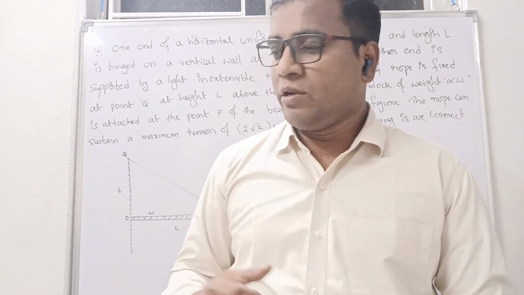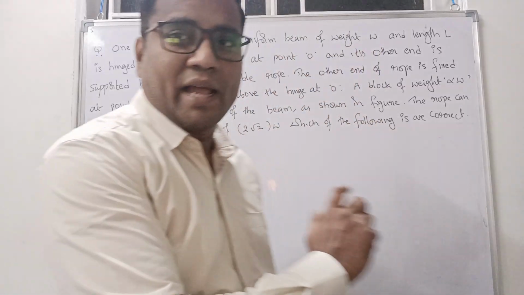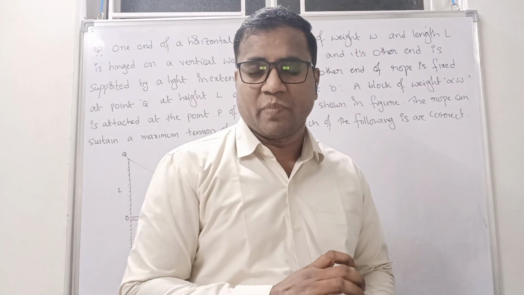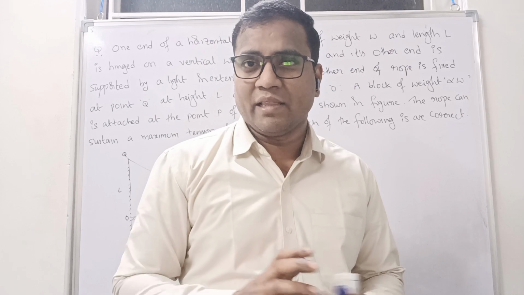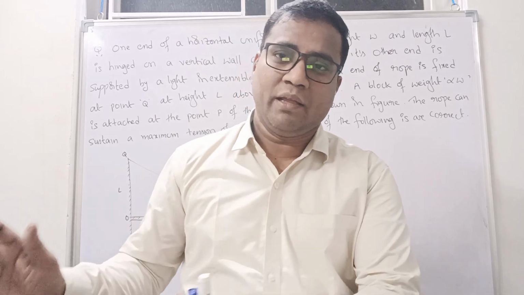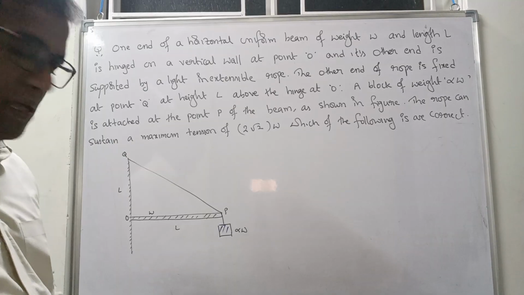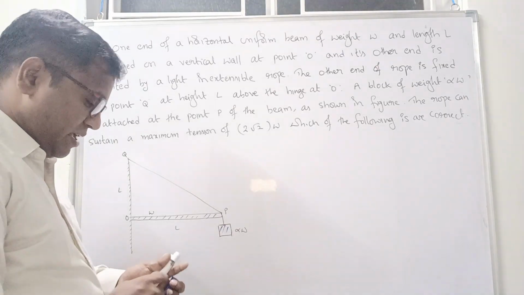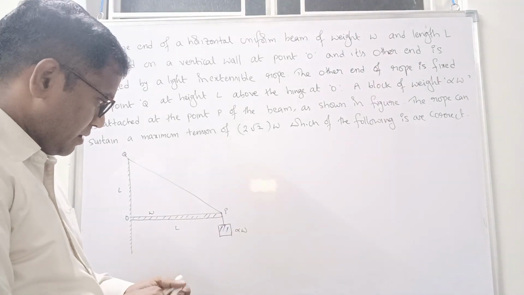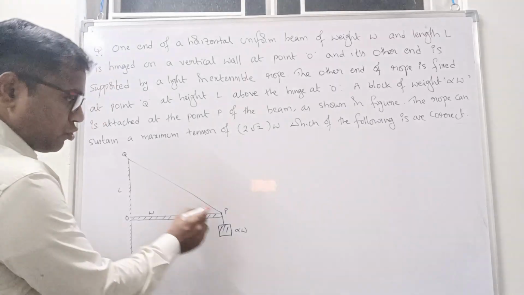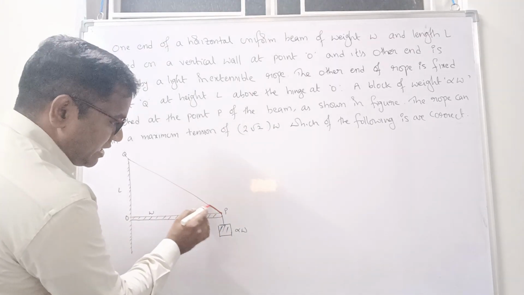Before going to the statements, first we will try to identify the basic equations, and after that we will go with the options, right? Now see here. This one is the rope, so tension will be in this direction.